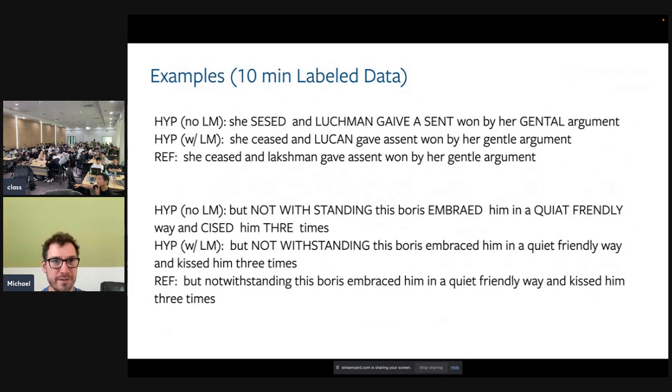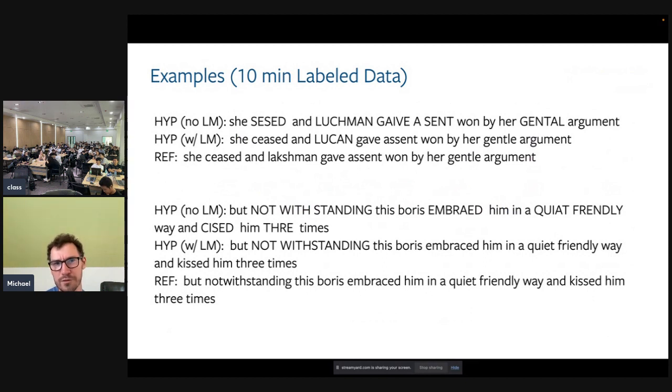And I'm showing two examples here, and for each one, for the top one, for example, the first row is the output of the model, the hypothesis. We call it hypothesis for an utterance with no language model. So typically we use language models, and you can see that the transcription is very, you can sort of understand what's being said.